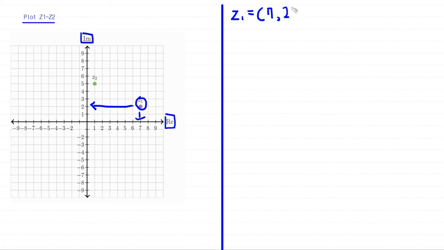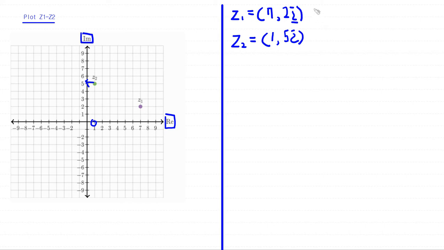I'll just write it as 2i because this is the imaginary part. And for z2, let me erase this a little bit, the real part is 1 right over here, so 1 comma, and the imaginary part is equal to 5, 5i.